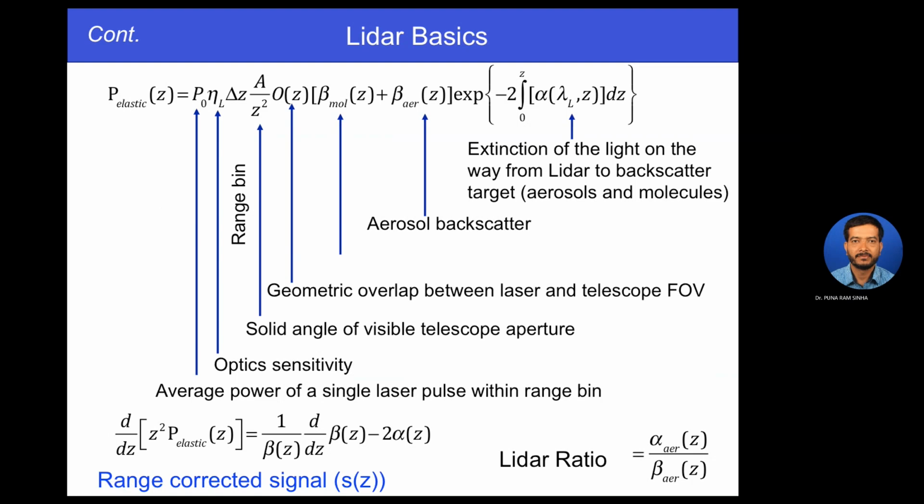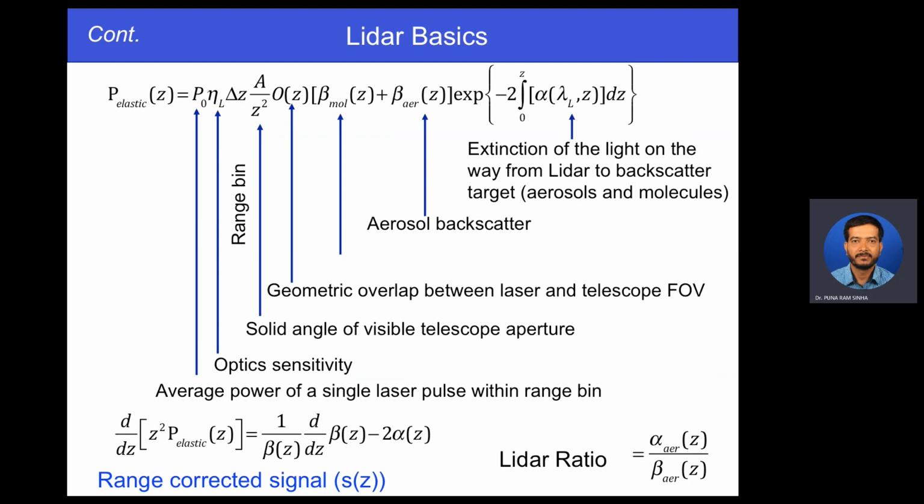But for air molecules, beta and alpha are known. So what we have unknown here is beta for particles and alpha for particles. So basically two unknowns and one equation, and it's impossible to solve this equation.